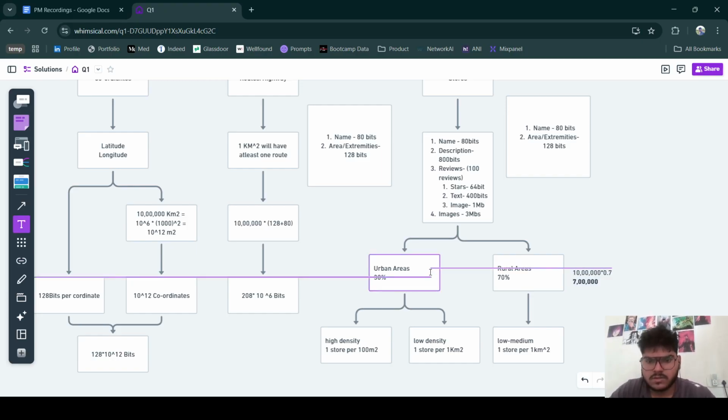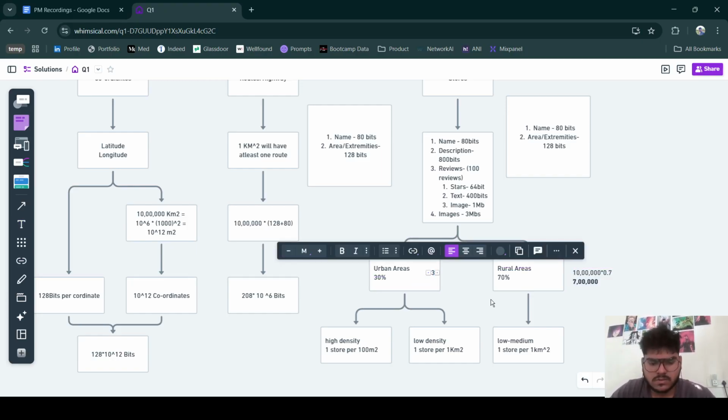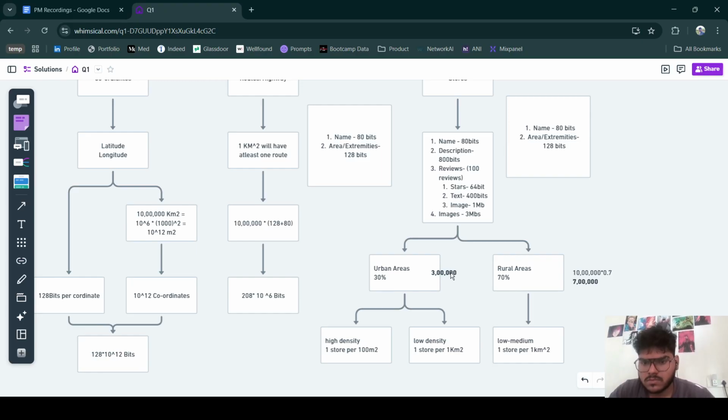So everywhere else it will be around 3 lakh kilometer square area.